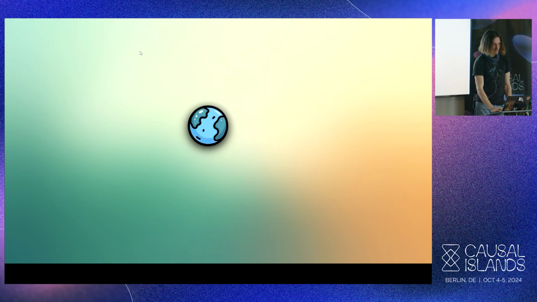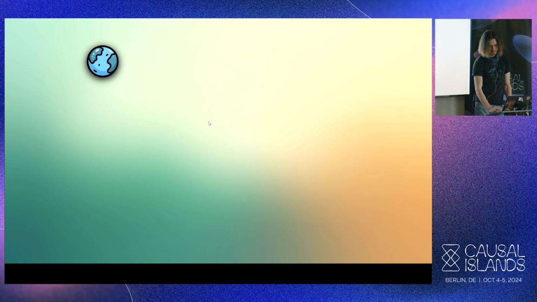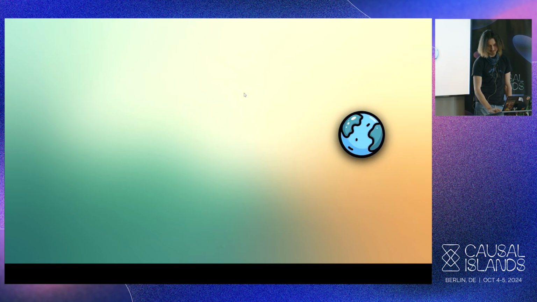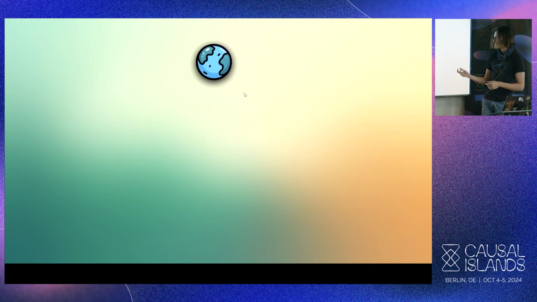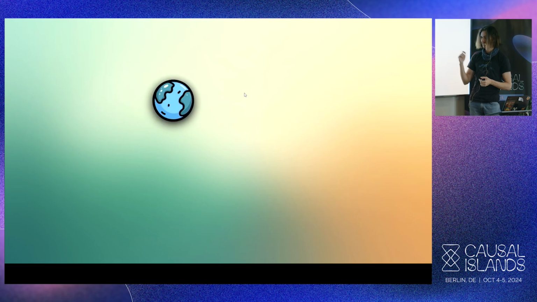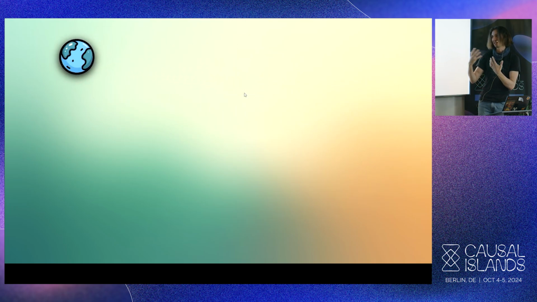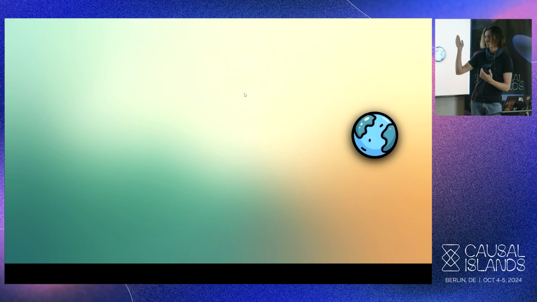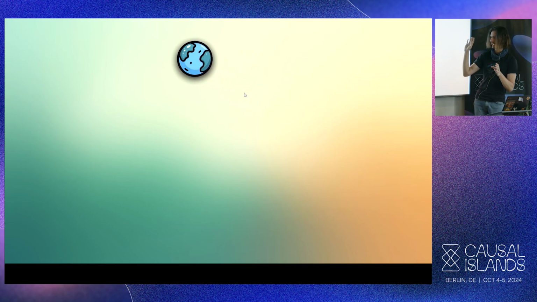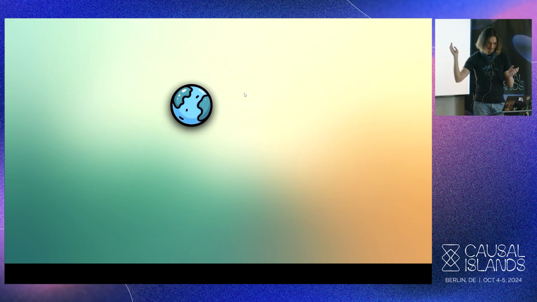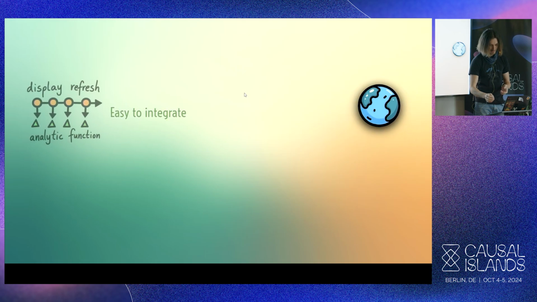Instead of simulating the whole system, like gravity between a planet and a cursor, we can derive the parameters of the orbit. When we do this once, we have an analytic function that tells us where the planet is at any point in time. We could tell where it will be in 10 years.